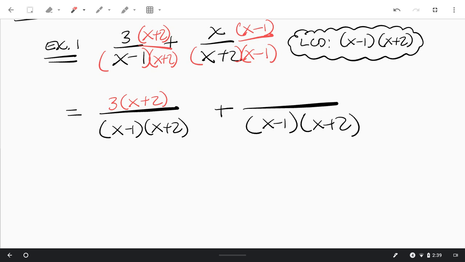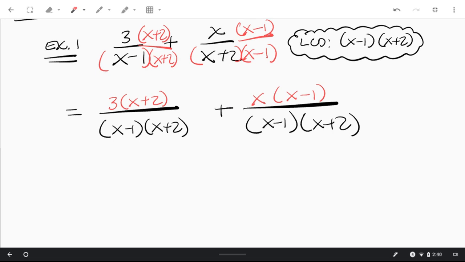Okay. So when you multiply the bottom, you get your LCD. And then that numerator is going to have to be this, x times x minus 1.